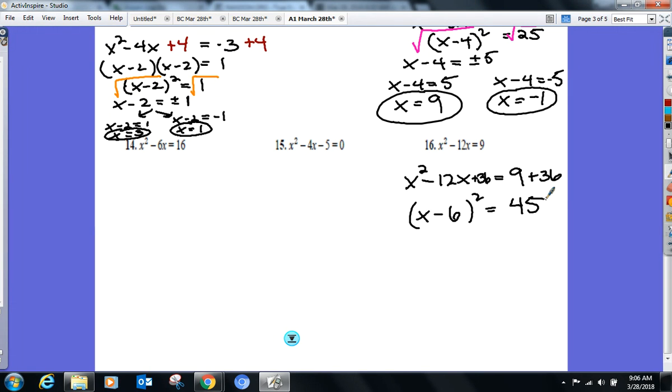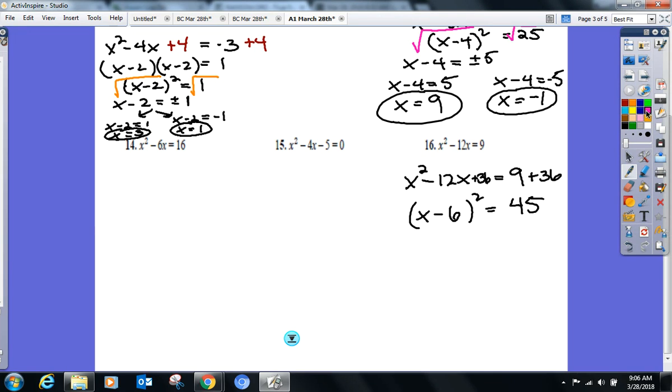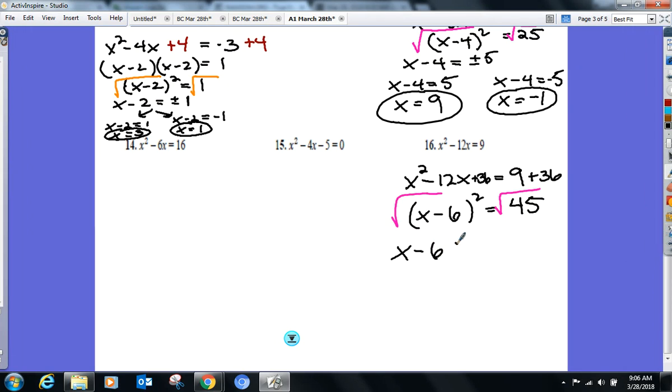Is everyone ready here, because I know some of you are getting a little nervous. Still do what on both sides to get rid of the squared? Still square root both sides. Take a look, everybody. I'm going to get x minus 6 equals, I'm going to keep it like that, but it's still plus or minus square root of 45.